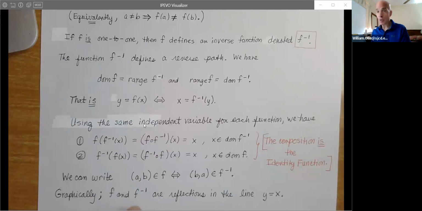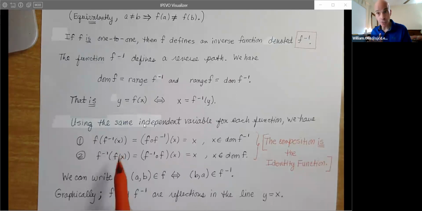For functions and their inverses, you get symmetry relative to the line y equals x because you get this flipping of the coordinates. So when we want to graph a function and its inverse, it is convenient, as we know, to have the same independent variable so we can preserve this symmetry.